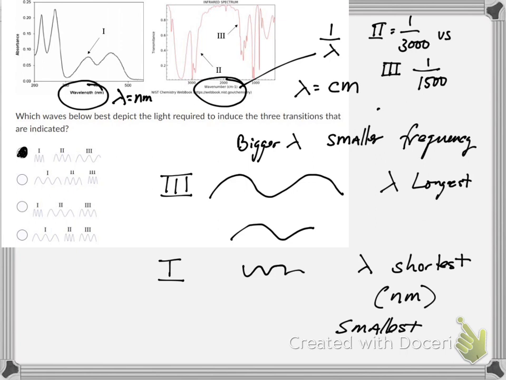When you take 1 over 1,500, it is a much bigger value than 1 over 3,000. And we're going to see this is characteristic of wave number. It's very similar to frequency, meaning that the lower the wave number, the lower the frequency, and the lower the energy. So that's why we would pick 3 to be the longest wavelength, because it's definitely the lowest energy of the 2.